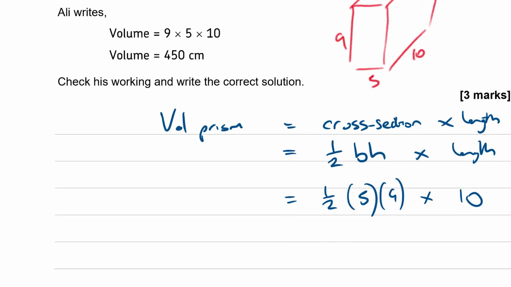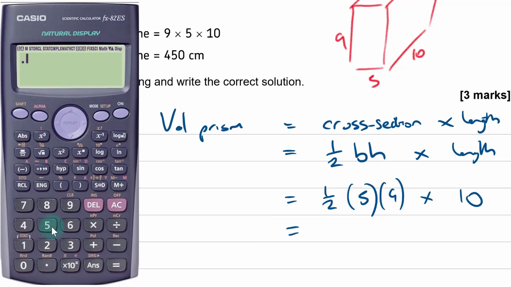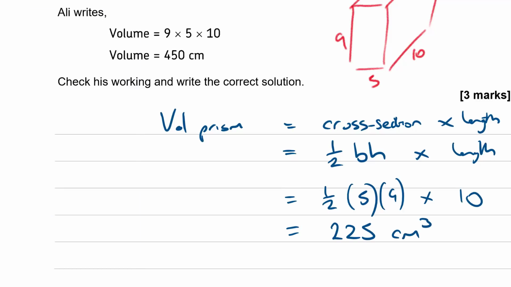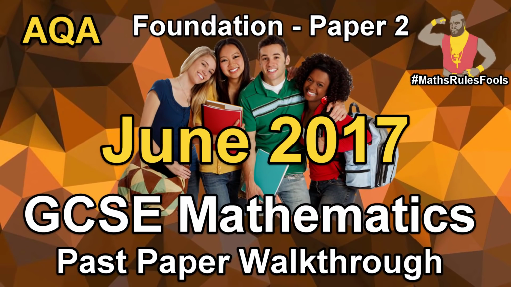Okay, so then typing that into my calculator, 0.5 times 5 times 9 times 10 gives me a volume of 225 centimeters cubed. I just noticed he also got the units wrong, didn't he? So that should be centimeters cubed.